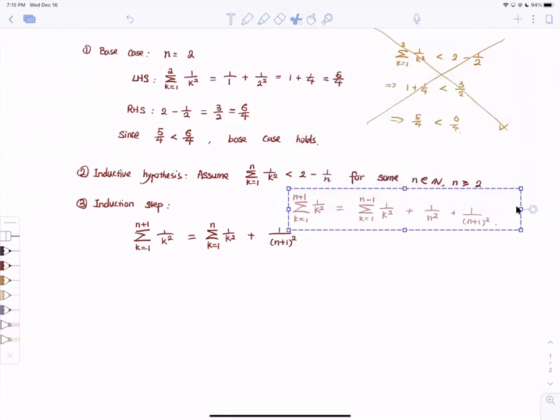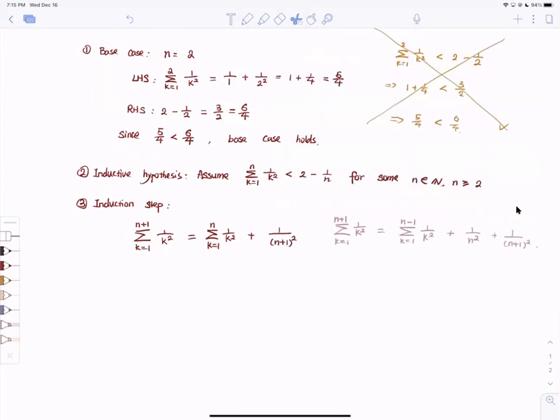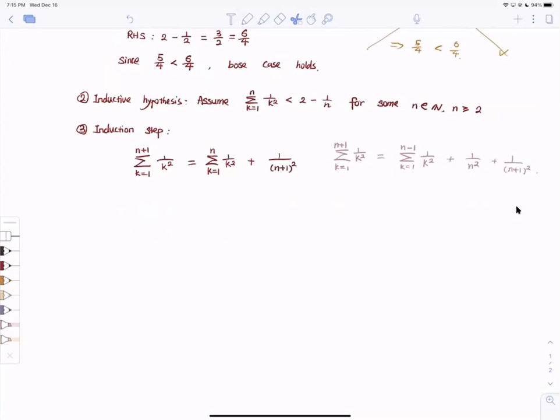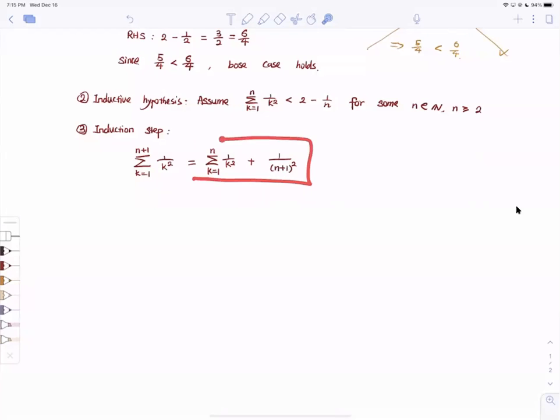All right. Now is your time to use your inductive hypothesis. One of you asked about the inductive hypothesis. Once you get here, you see that we have this in our inductive hypothesis.